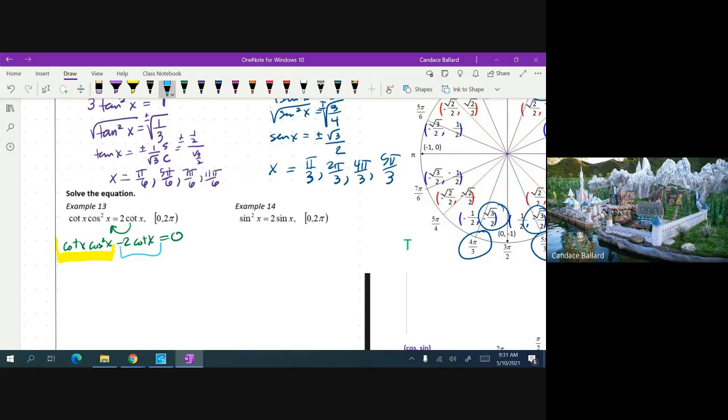That's correct. So cotangent is common in both groups, so that's going to be our greatest common factor, because the first rule of factoring is take out the greatest common factor. So I'm taking out cotangent of x, and I'm left with cosine squared x minus 2 equals 0.